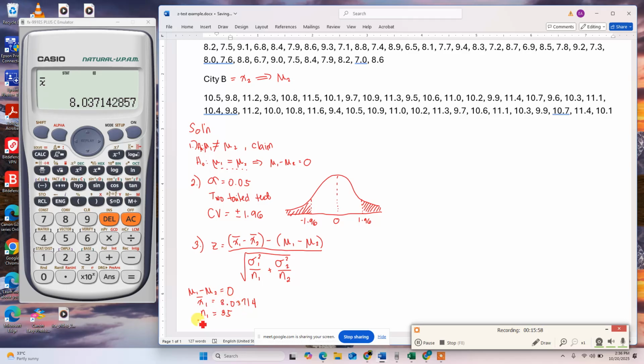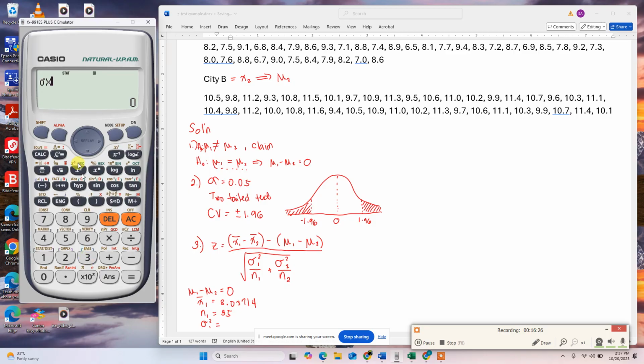Next, we are going to look for the value of our variance. You press AC, then the same, shift 1 for stat, then 4 for var, and then look for this symbol. So 3.